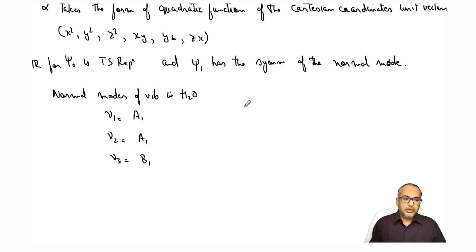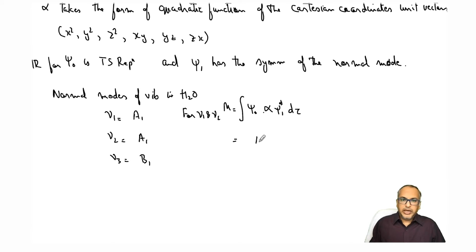Now for nu1 and nu2, m will be equal to integral psi 0 alpha psi 1 star d tau.